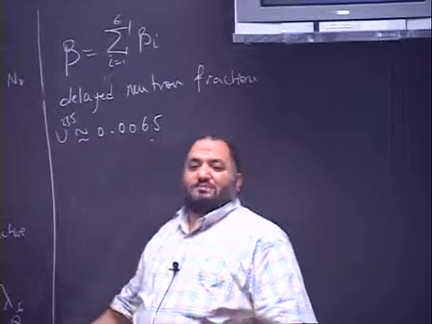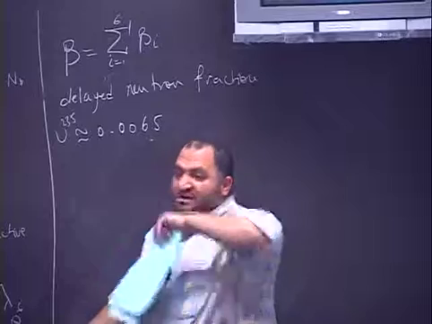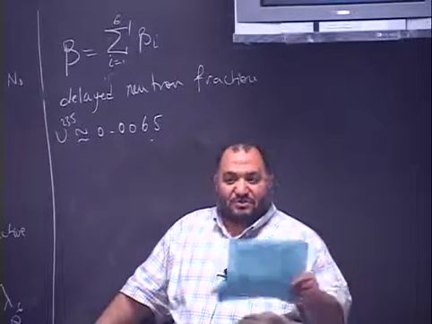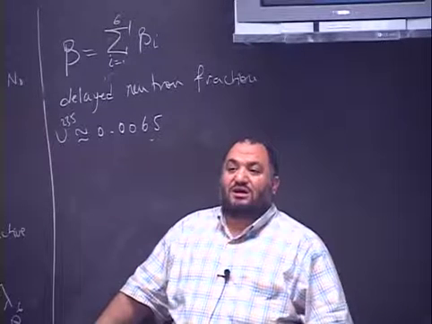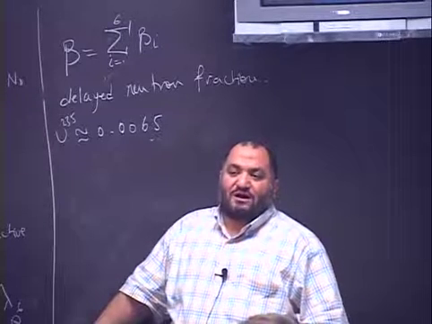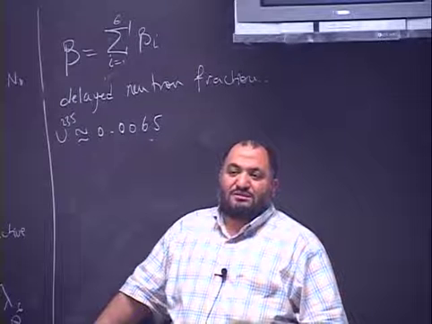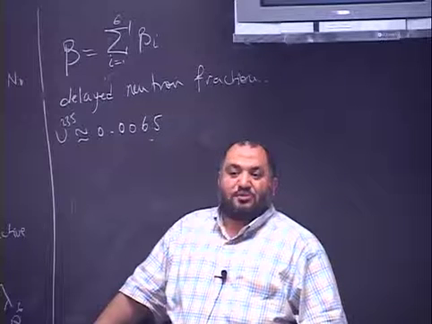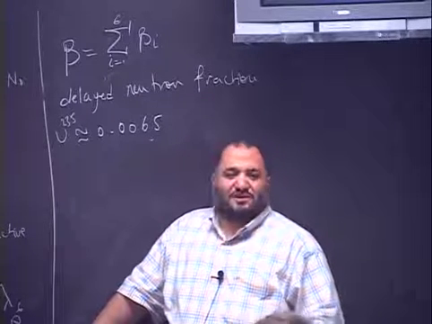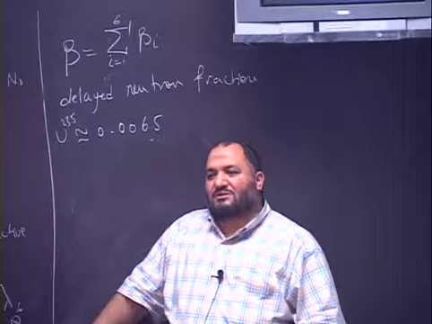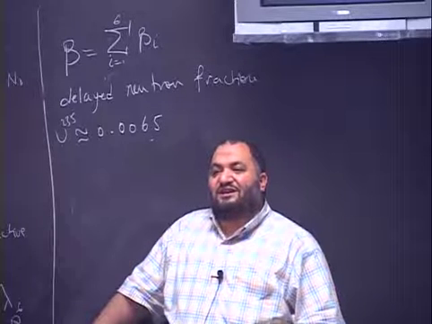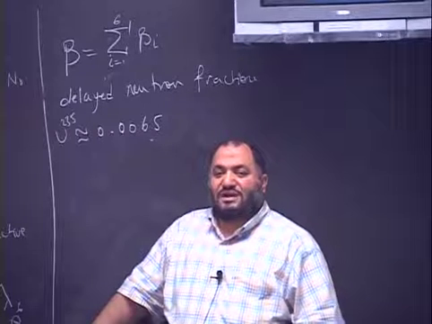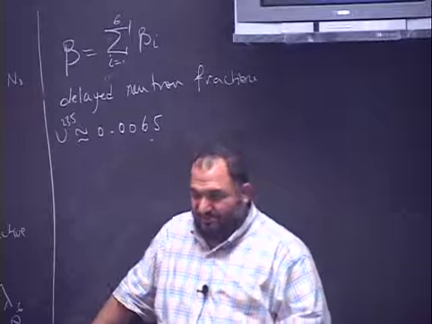So 6.5% of the neutrons getting out from the fission are coming from delayed neutron precursors, and 93.5% are coming as prompt neutrons. It's a very, very small, very trivial fraction, but it has a very pronounced and important effect on the kinetics of the nuclear reactor, as we will see in a minute.